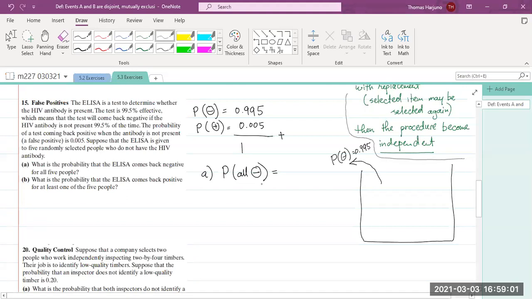What is the probability that all of them are negative? The first person tests negative with probability 0.995. The second person also negative, also 0.995, and so on and so forth, so to the power of 5. That's 0.995 to the power of 5. Give me a second.